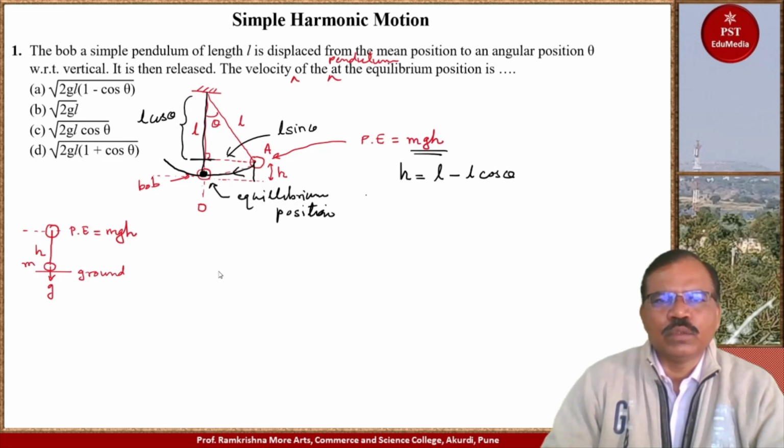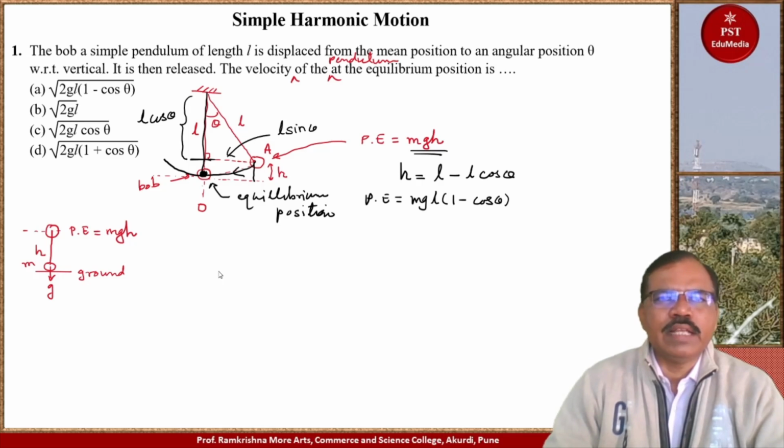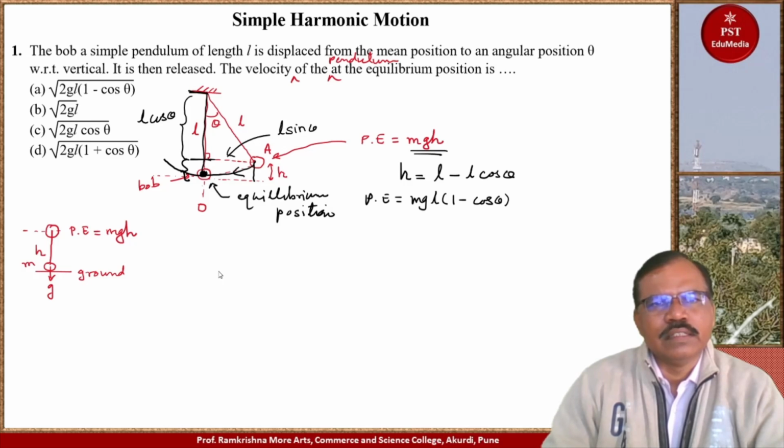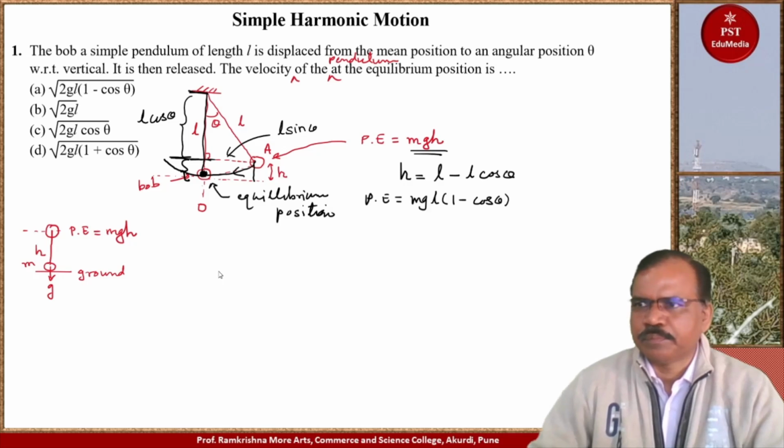So the potential energy is mgl (1 minus cos theta). This is the potential energy at point A. We have obtained this using the geometry of the figure. L is the total length, it is displaced through vertical height h, and this part is L cos theta. Total is L, so h is equal to L minus L cos theta.